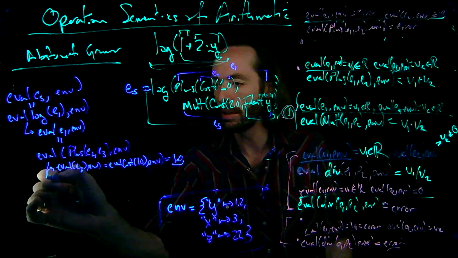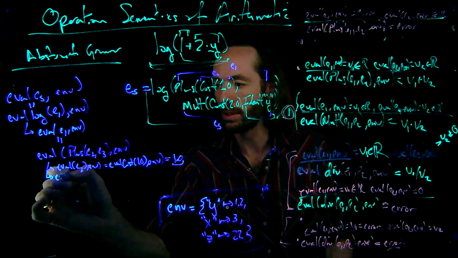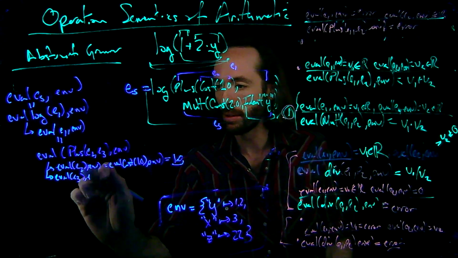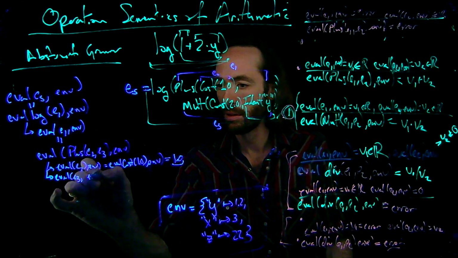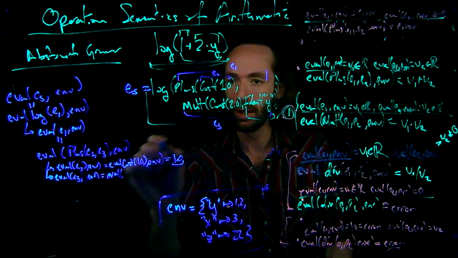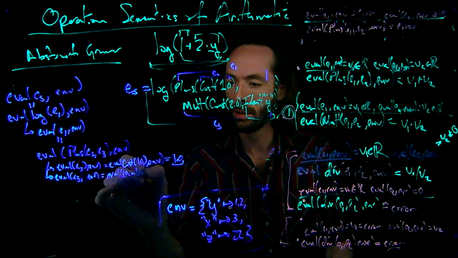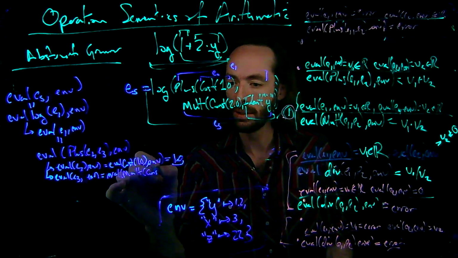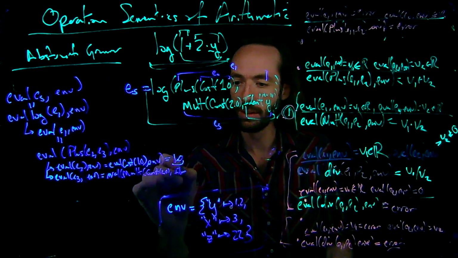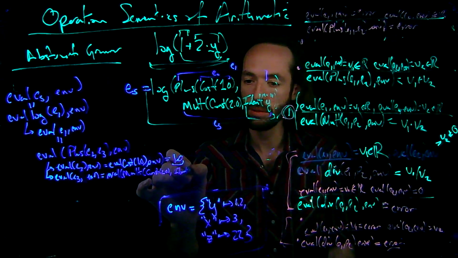We also have another subcall, which is going to be eval of e3 under the environment, which if we write that out, it's this multiplication of the const of 2.0 and this ident of y.